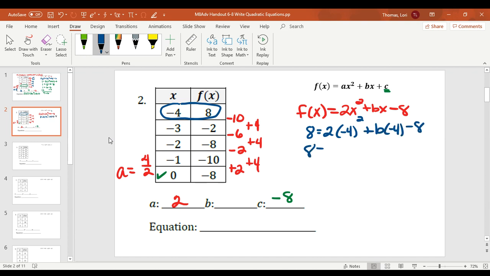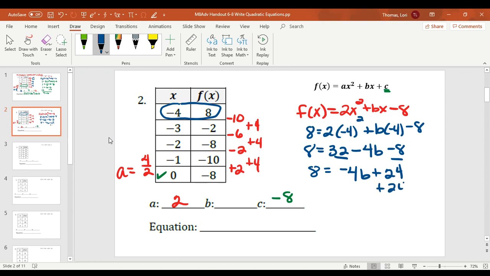We're going to simplify our equation. -4 squared is +16 times 2. b times -4 is -4b and minus 8. We're going to combine like terms. So 32 minus 8. And now we're going to solve for b.